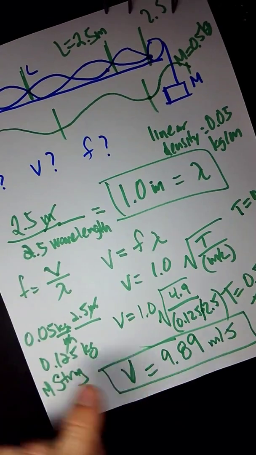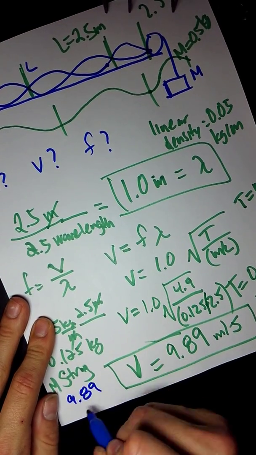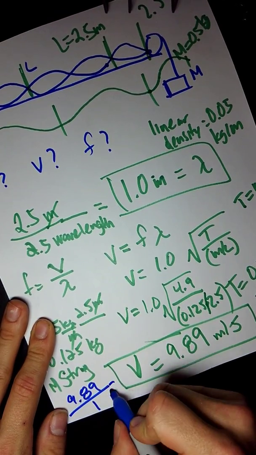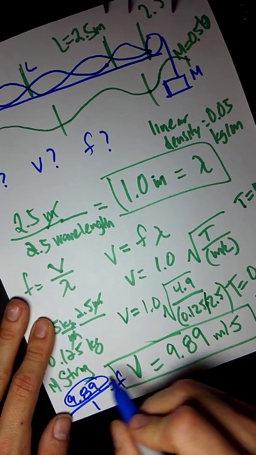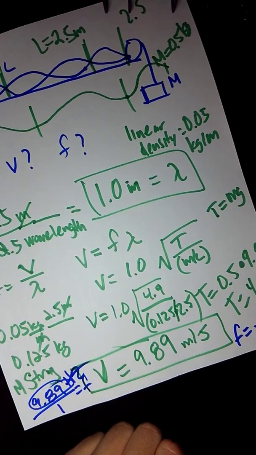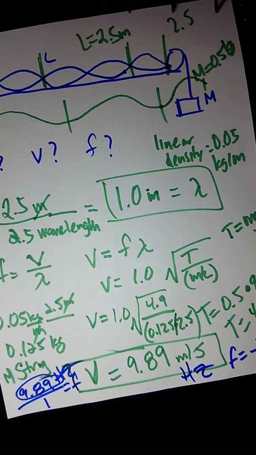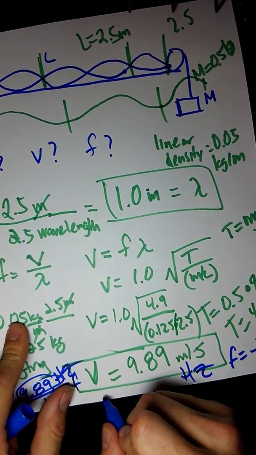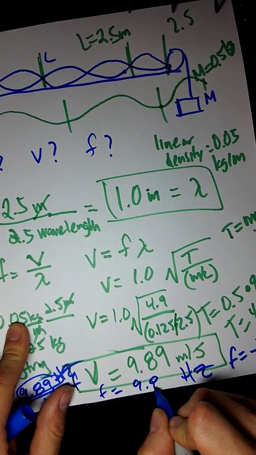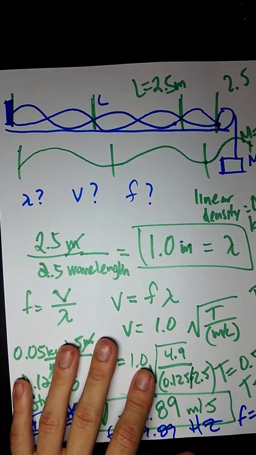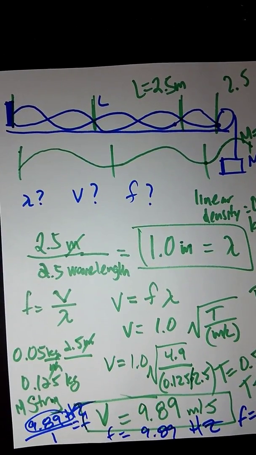My velocity is 9.89 over 1, which equals my frequency of 9.89 hertz. So it equals that, and it also equals that in hertz. Interestingly enough, there was a relationship between these two.